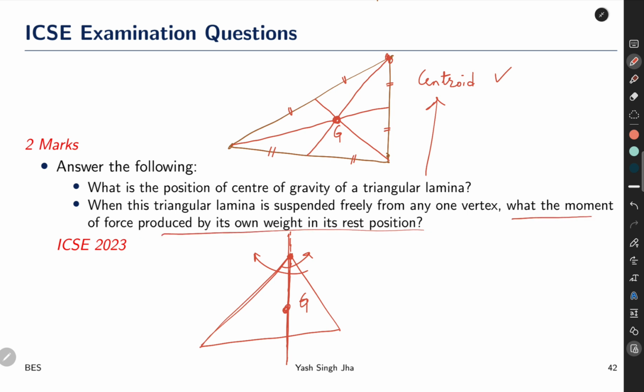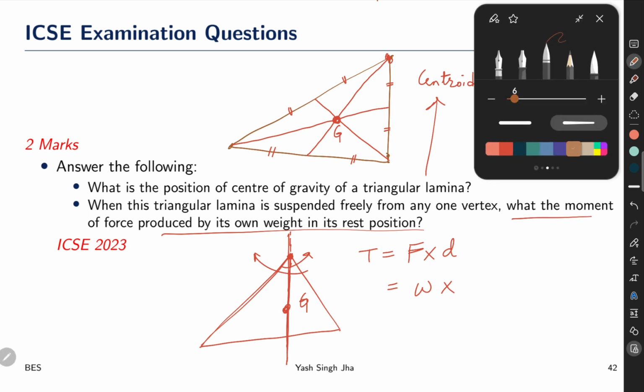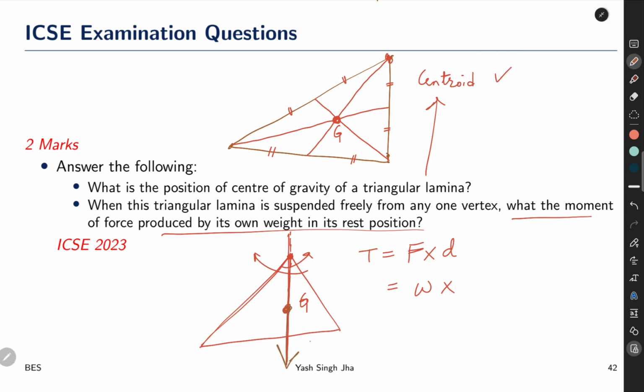What is the moment of force produced by its own weight in its rest position? The moment of force would be 0. Why? Because torque is force into distance. The force is the weight, but the distance is the distance from the line of action of the force to the axis of rotation. Here, the line of action of the weight is passing through the point of rotation, so the distance would be 0, and the torque produced would be 0.